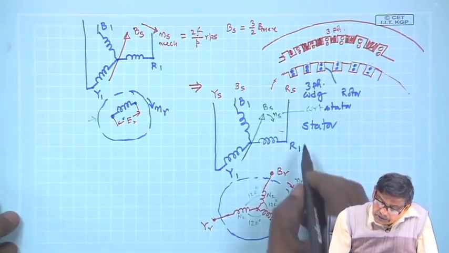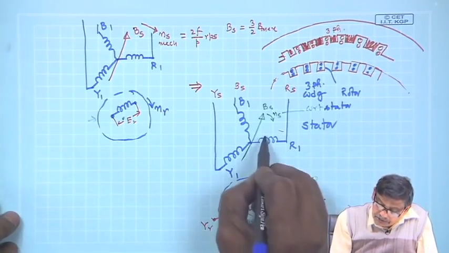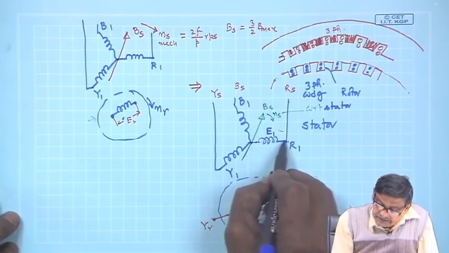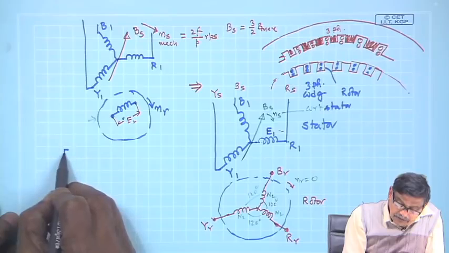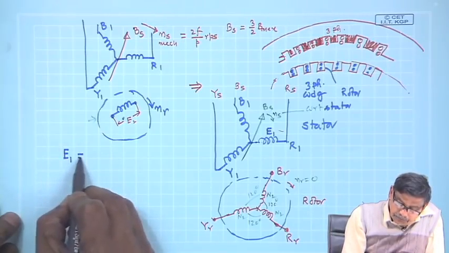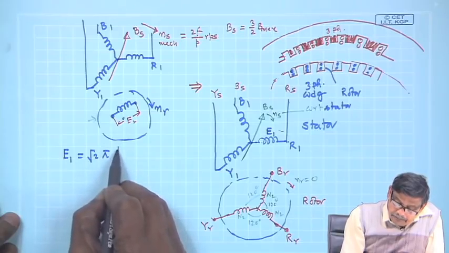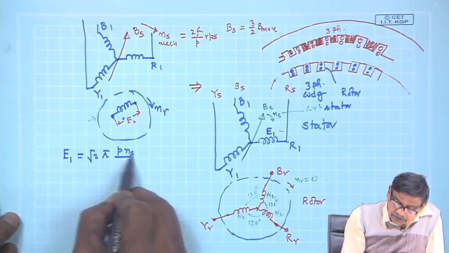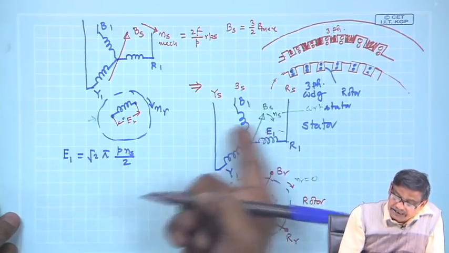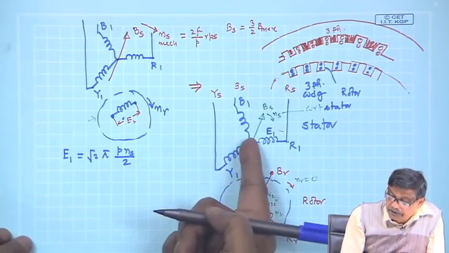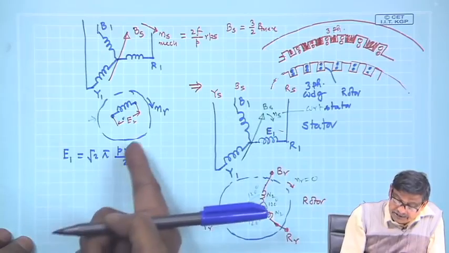And what will be the magnitude of that induced voltage? Suppose I say the voltage induced per phase in the stator coils, RMS value, is E1. It should be root 2 pi P ns by 2, because the stator is of course always stationary. So, the relative speed between the coil and the field is ns.